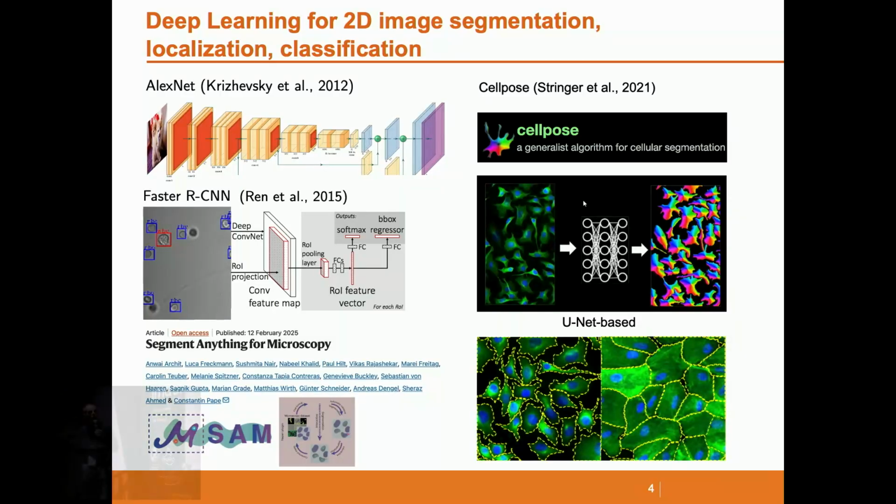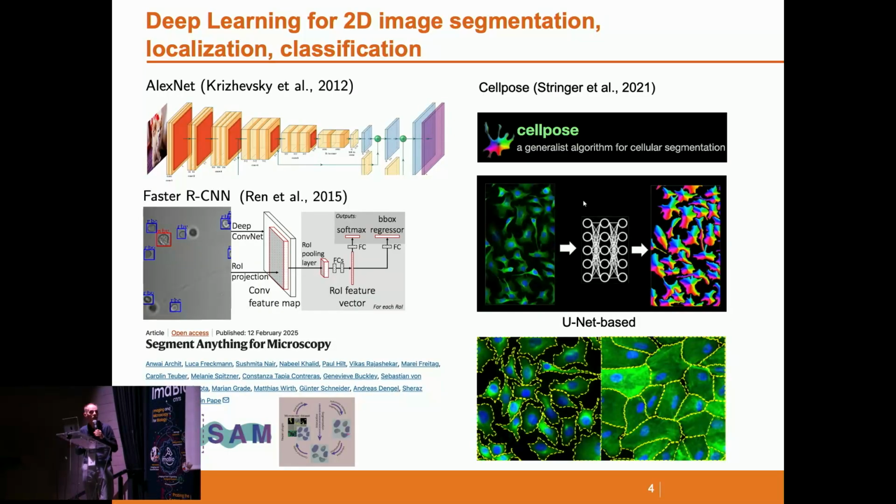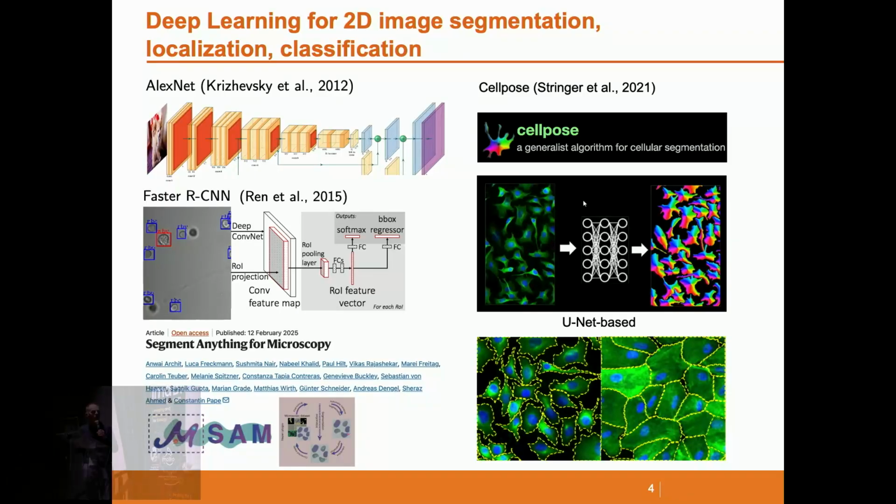Don't forget that Cellpose was trained from very large data sets and is in general based on a UNet architecture as well. And now we will see in the future if SAM can do a better job, but SAM is based on a new technology based on transformers, which is the new generation of artificial intelligence methodology.